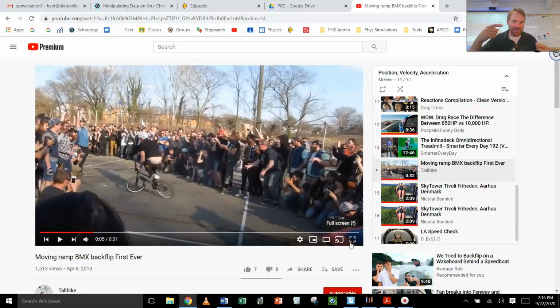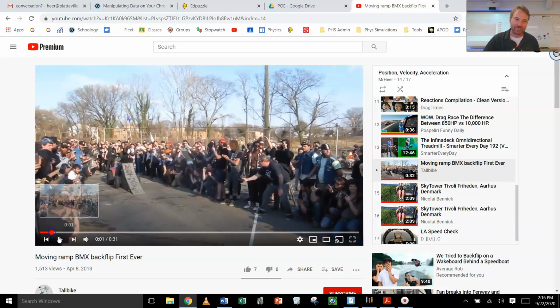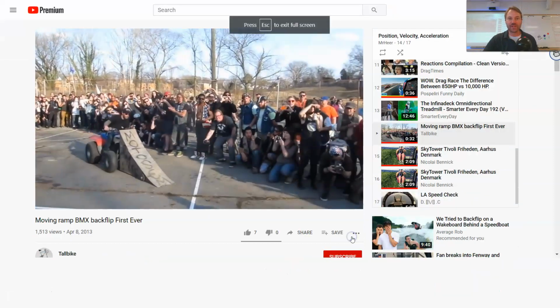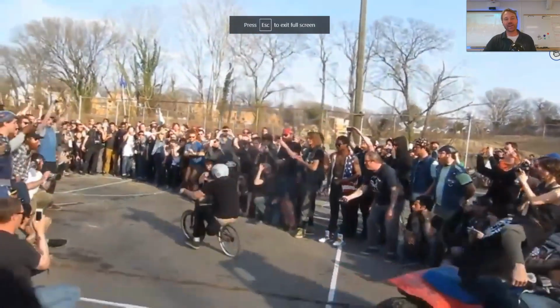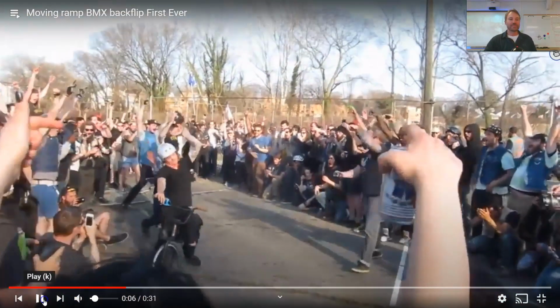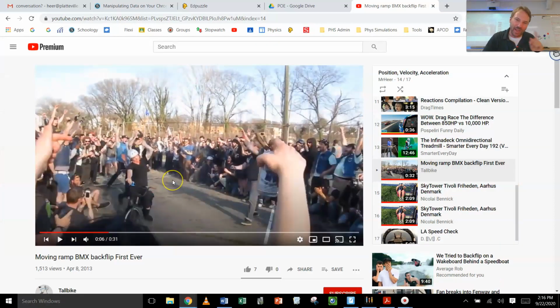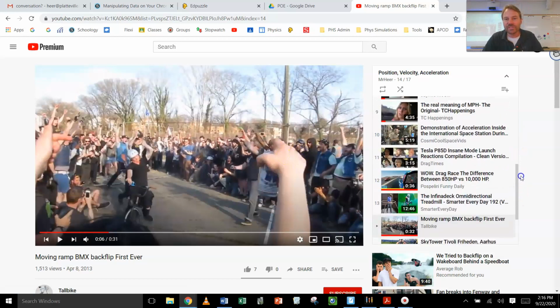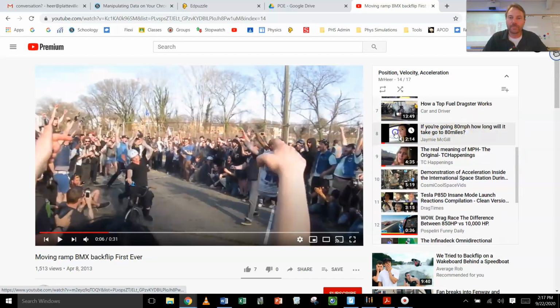The guy on the bicycle is not moving. The guy on the bicycle stands still, and then the ramp comes and drives right underneath him, kind of like a golf ball. If you were to take a golf ball and hit it with a golf club and it goes straight up and comes straight back down, that's what it was. So I want you to go back and take a look at that picture one more time if you didn't notice that or nobody said anything or you didn't catch it in the discussion. But here's the real video I wanted to bring you to, right here.